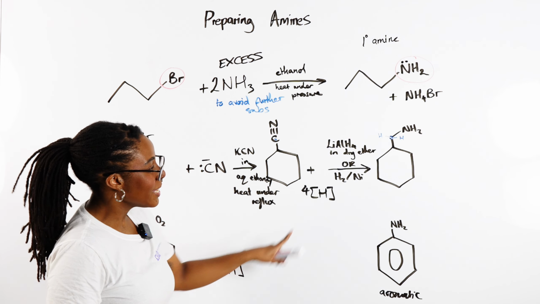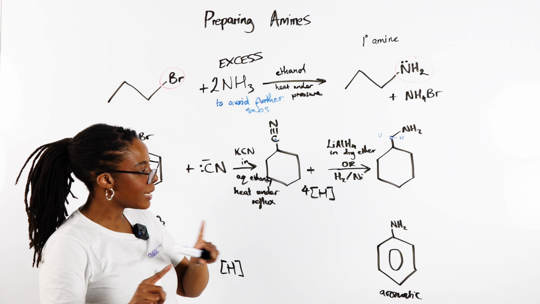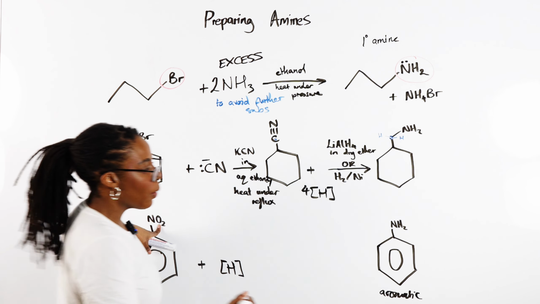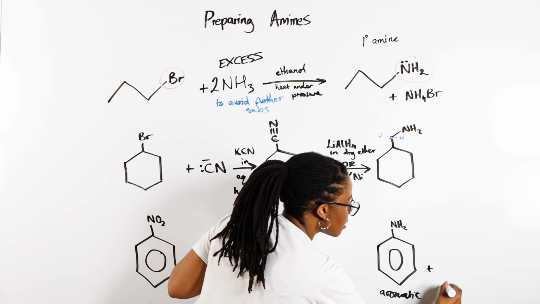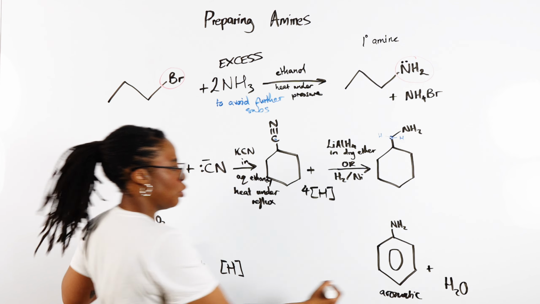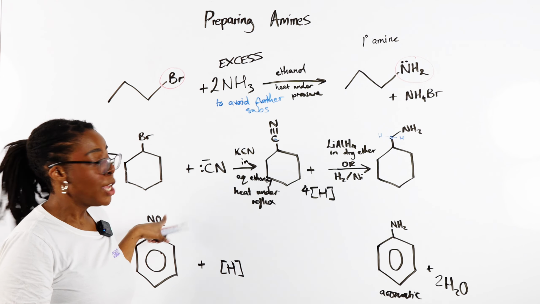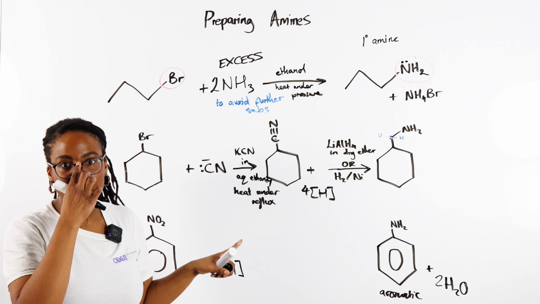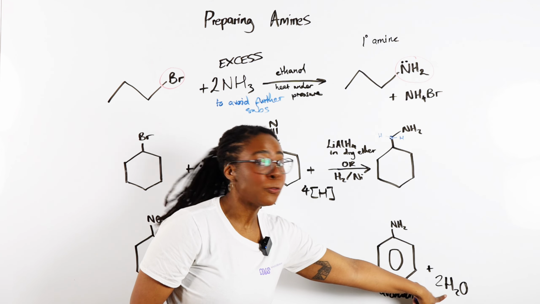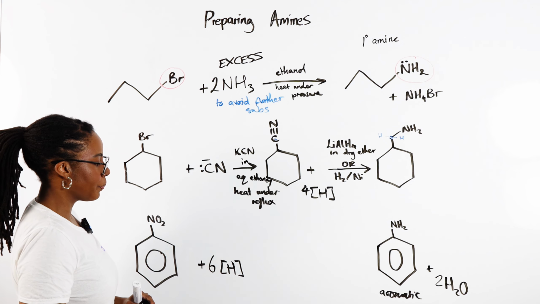To balance this, it's not quite as straightforward as the one before where we just add the hydrogens that we've added, and that's because these oxygens are falling off, and when they fall off, they are going to give us water molecules. And specifically, we're going to get 2 water molecules because there are 2 oxygens here. So now when we think about the difference in hydrogens, we have added 2 hydrogens here plus 4 hydrogens there, which gives us 6 overall.